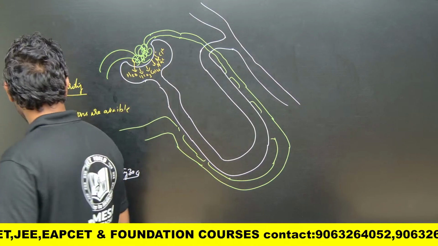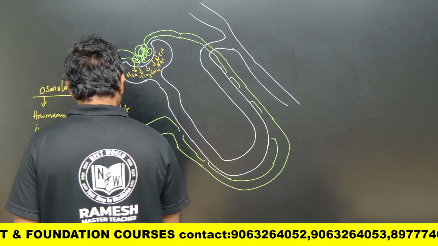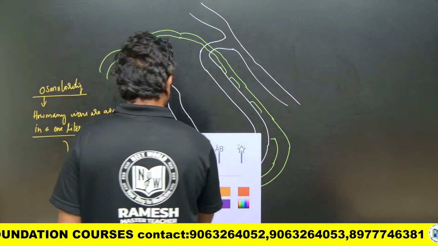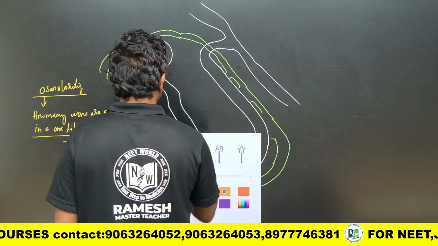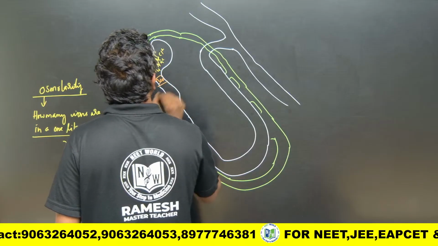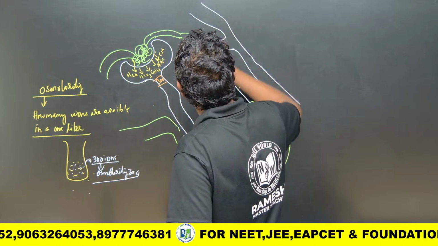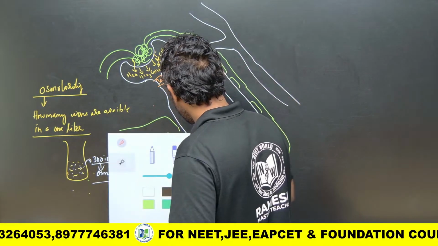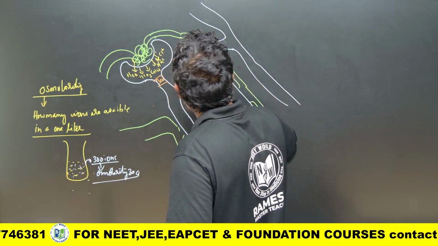Initially this solution is 300 osmolarity. The blood is also 300 osmolarity initially.